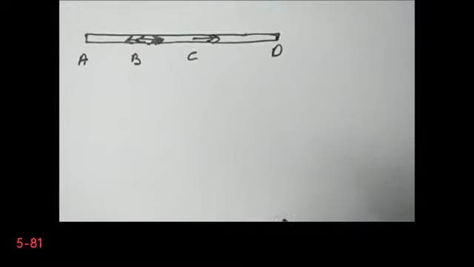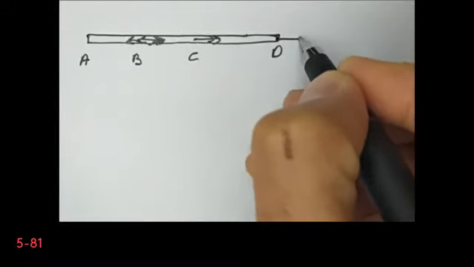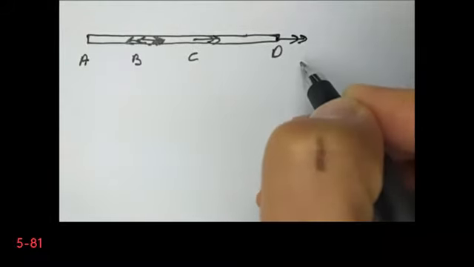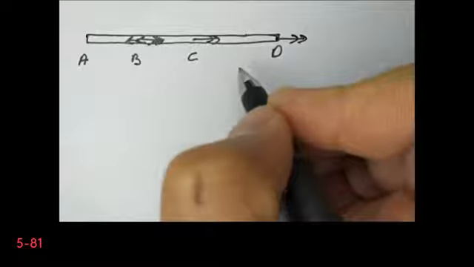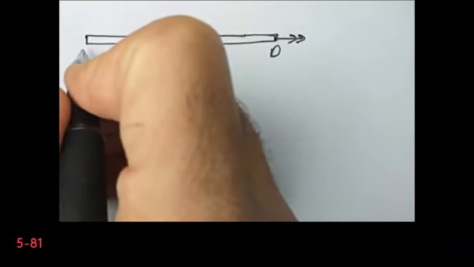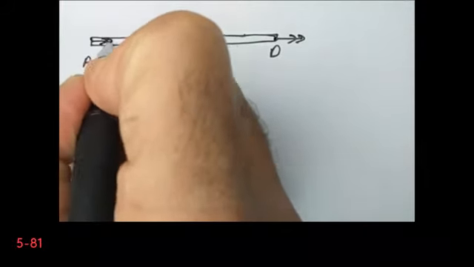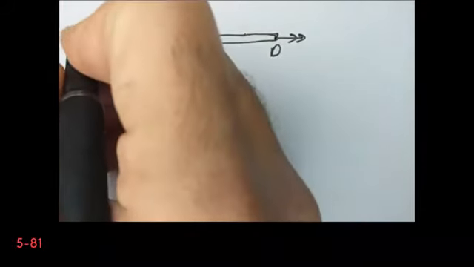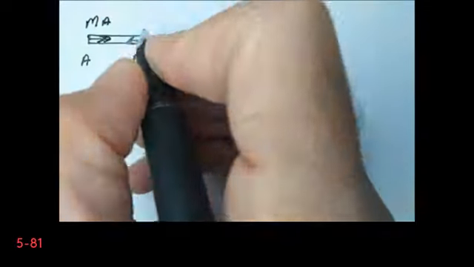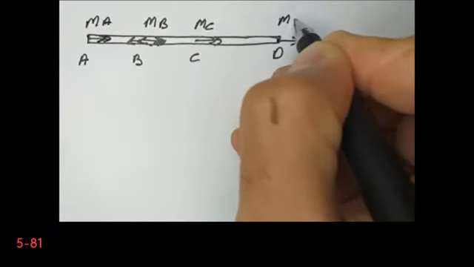In fact, we can choose the direction of the torques at point D and A arbitrarily. So I choose both of them from left to right. So this is MA, this is MB, this is MC, and I have MD.